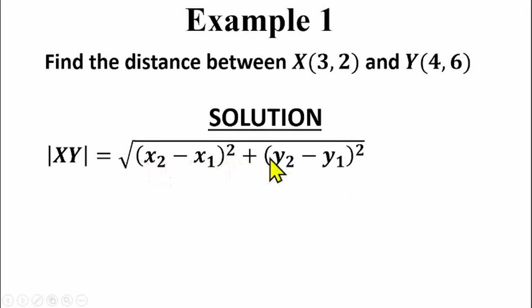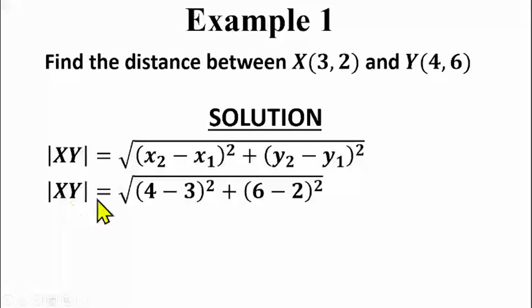Now if you substitute that into this formula, the distance between X and Y will equal the square root of our x2, which is 4, minus our x1, which is 3, then squared, plus our y2, which is 6, minus our y1, which is 2, then squared.